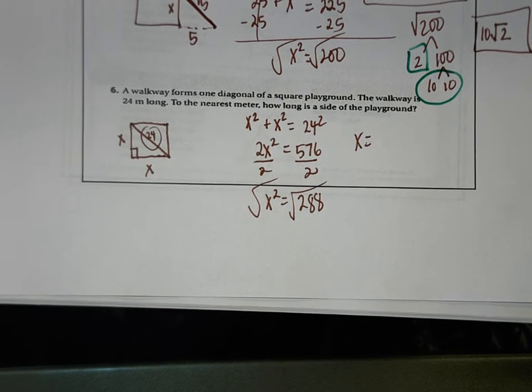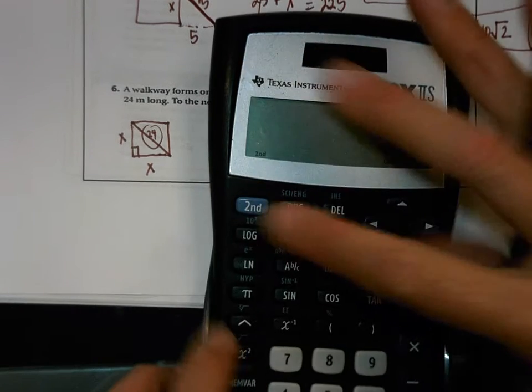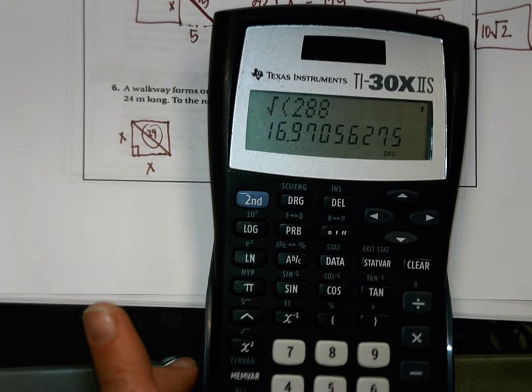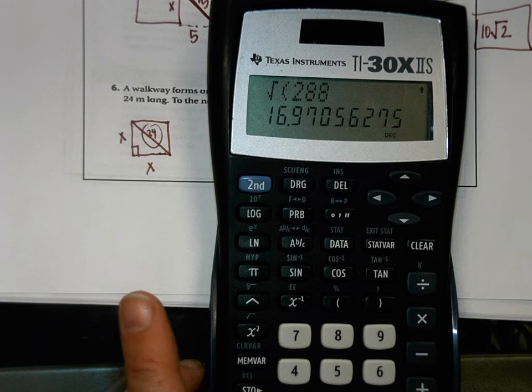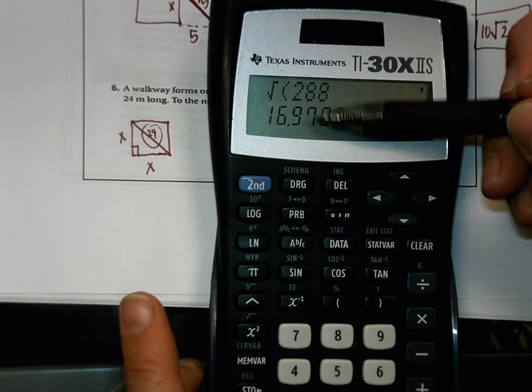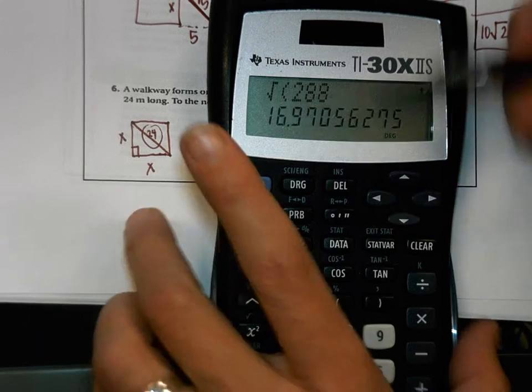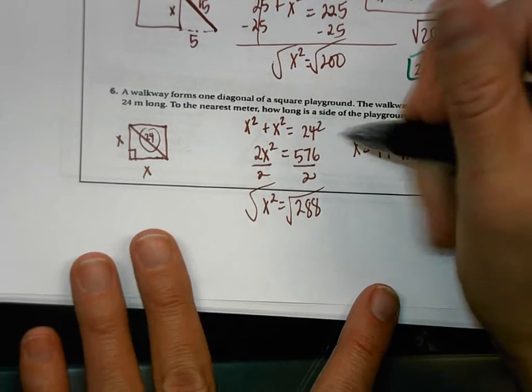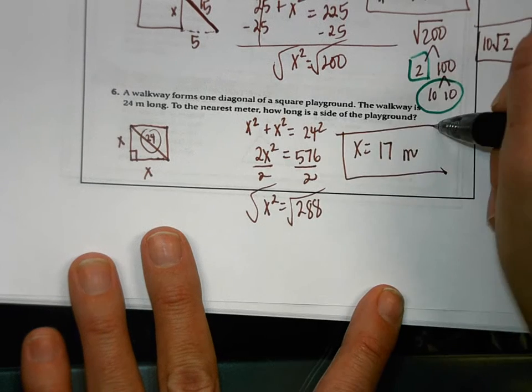I think I hit 17. Are we having a hard time? Yeah, because we would round it up, right? And so that 9 would end up changing to a 10, which makes it 17. Okay? So x equals 17 meters.